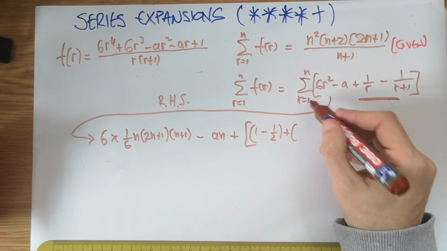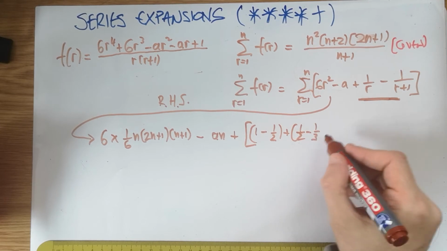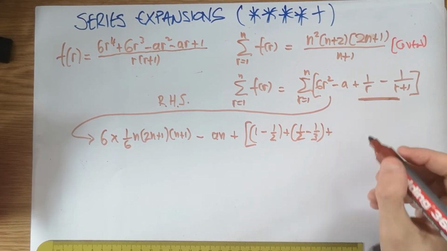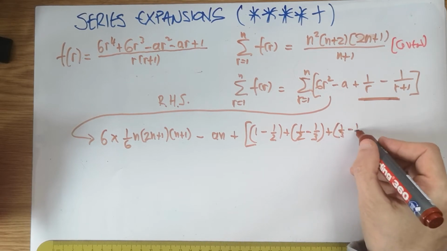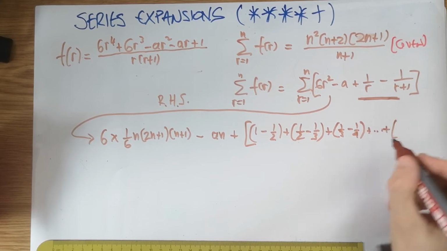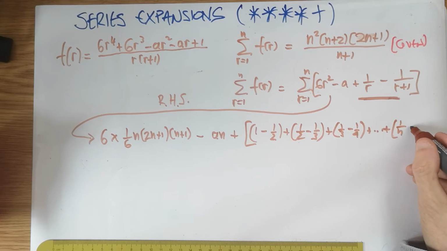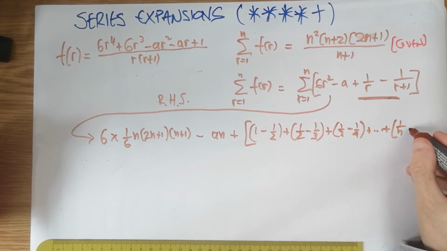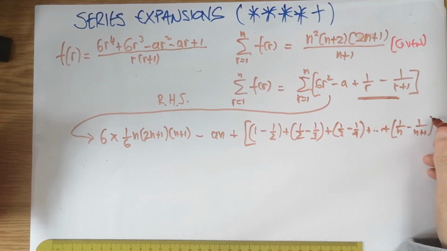When I put r equals 2, I'm going to get a half minus a third. When I put r equals 3, I'm going to get a third minus a quarter. Plus dot dot dot. When I put r equals n, I'm going to get 1 over n minus 1 over n plus 1.